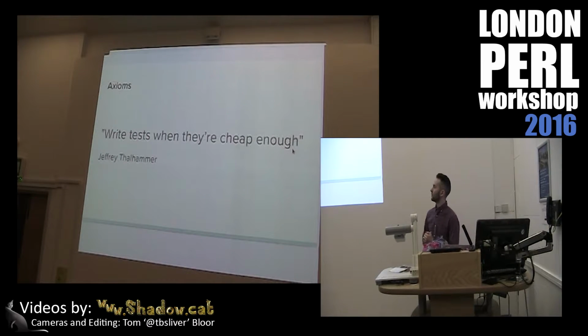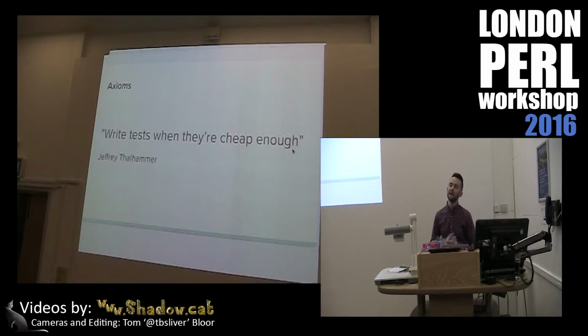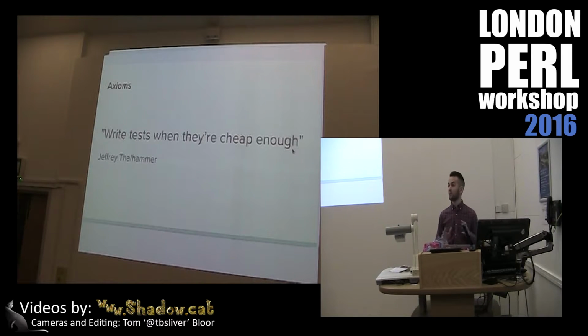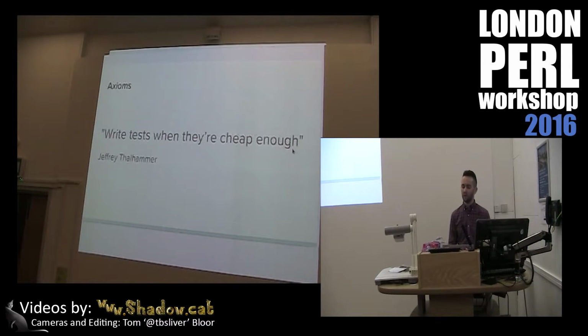What he meant by that was at the beginning of a project, an API is very fluid, you're prototyping, you're getting a feel for the problem space, but at some point the code becomes a lot more stable, and at that point he writes tests, because he's not going to have to rewrite them as much. So that's one way of dealing with the cost of maintaining API tests.